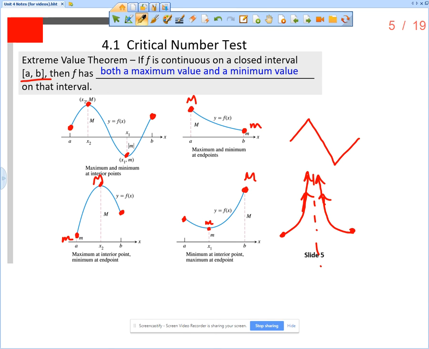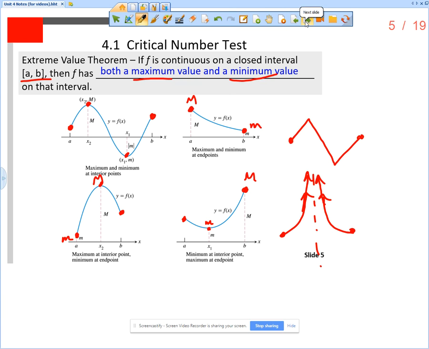So that is an example of a function that does not have a maximum point. It would have a minimum point. Looks like these two are kind of tied for the minimum. But the key is that the extreme value theorem says if a function is continuous on a closed interval a to b, so meaning endpoint to endpoint, draw without picking up your pen, then there must be a maximum and there must be a minimum. So that's slide 5.